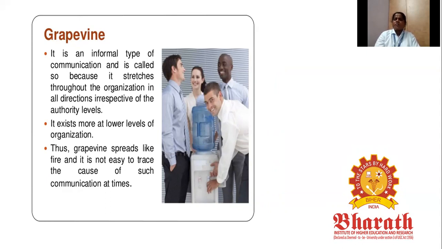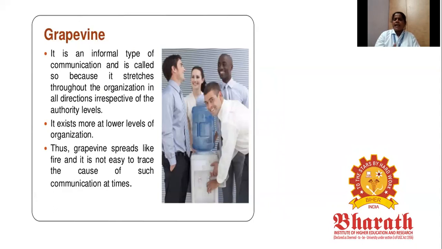These are the structure of the organization. It exists more at the lower levels; a large business is formed with this structure, but a small one does not necessarily need it.